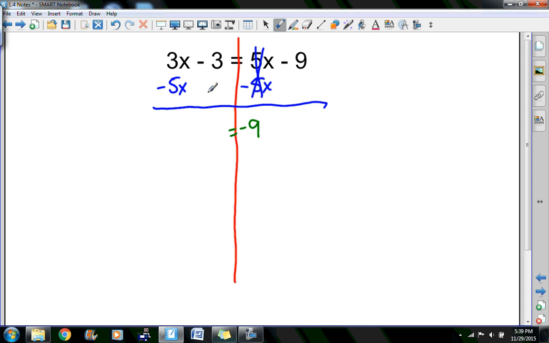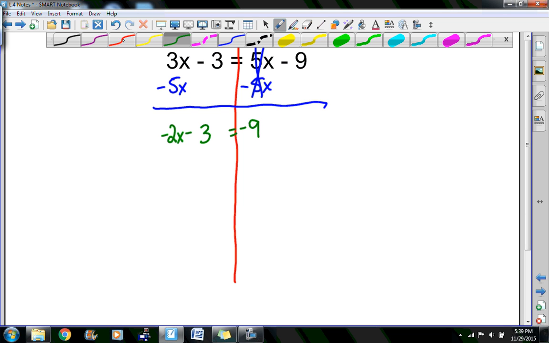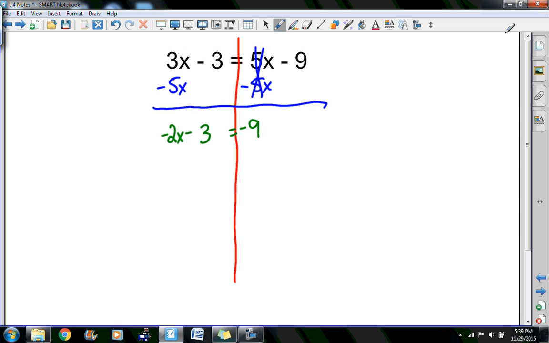And on the left side of the equation, 3x's minus 5x's is negative 2x's minus 3. And now it's back to exactly what we were working with in the last lessons. So from here, I am going to add 3 to both sides to get rid of that negative 3, or to create a 0.